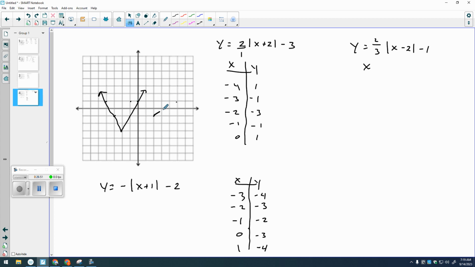And connect my dots. And it really is that easy. Know your shifts, know your slope, and plot the points. Or, if you don't like that, know your value for x that makes the inside 0, start there, work your way out, and just make a table of values.